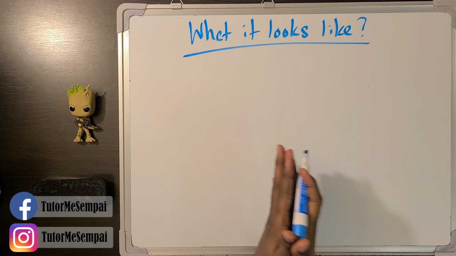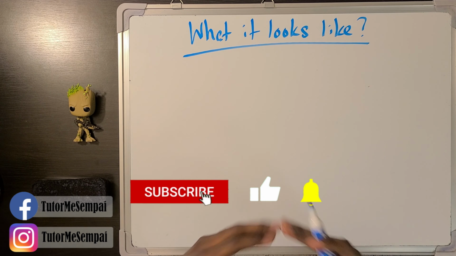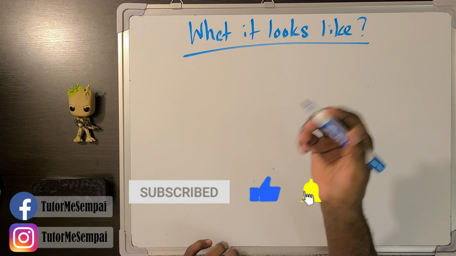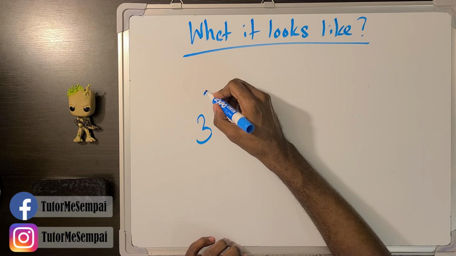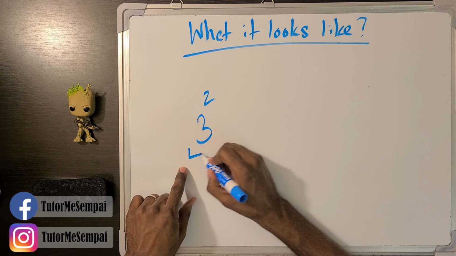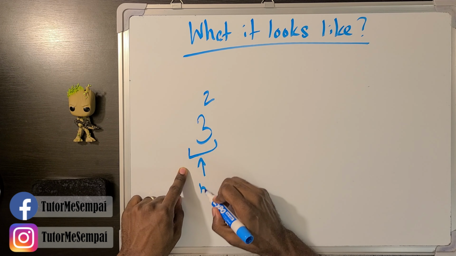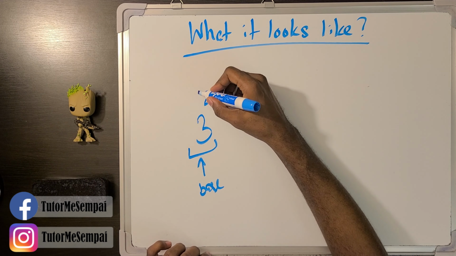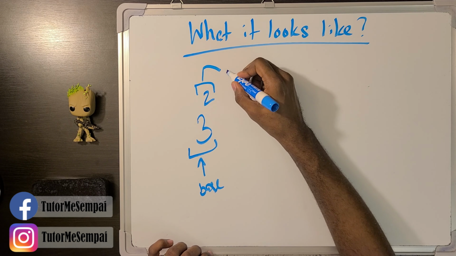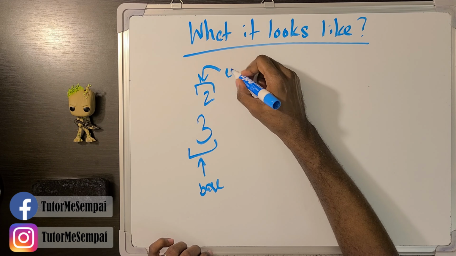Before we jump into multiplying our exponents, let's have a very quick recap on what exponents look like. You may be familiar with the basic form, which is a number raised to another number. This bottom number, we call the base, and this top number, we call the exponent.